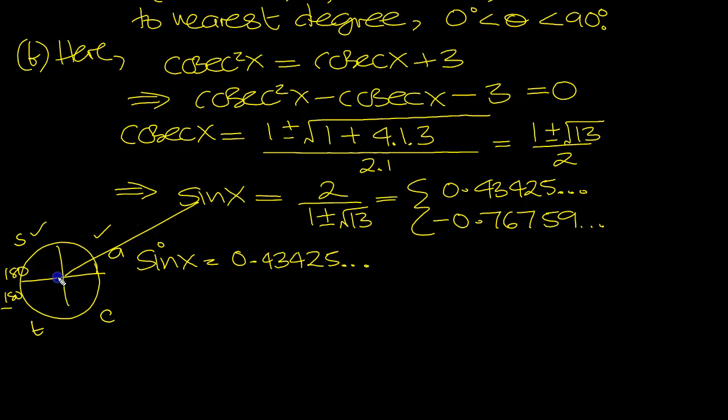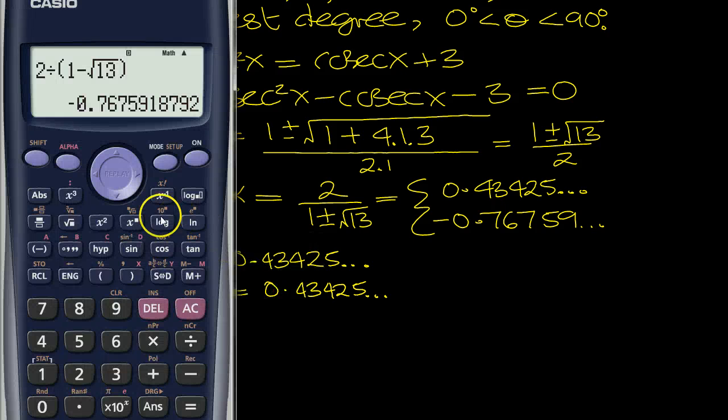Draw two lines. Mark off alpha to the horizontal, and simply write sine alpha is equal to the value without the minus. Then we want shift sine and get alpha. So let's just go back and get this number, because it was plus, wasn't it?